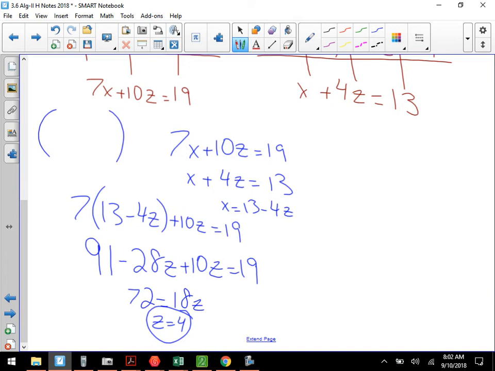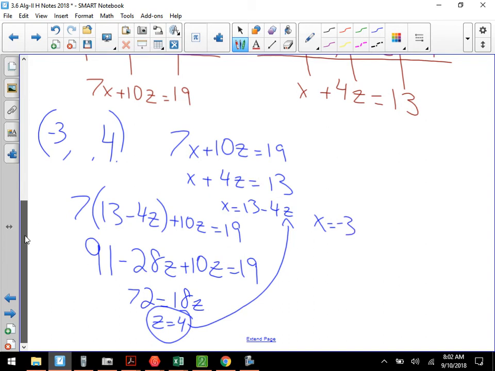If you know your z value is 4, start putting it in. It's called an ordered triple. Since you've already identified what x has to be, I would substitute there. 13 minus 16. Negative 3, very good. So x is negative 3.